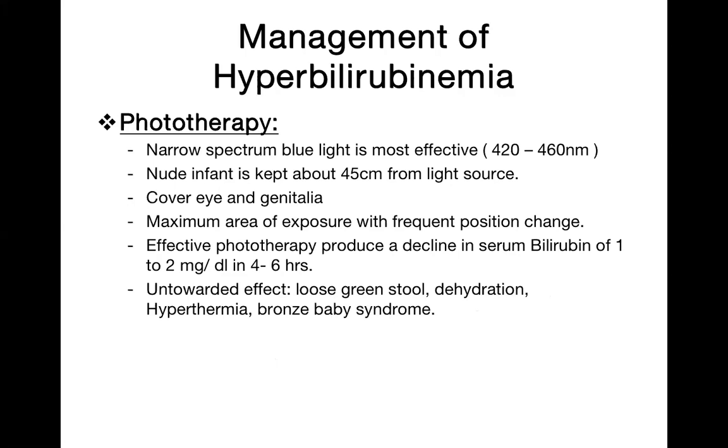Now this bronze baby syndrome means this baby, especially if they have more of conjugated type of bilirubin, then that conjugated bilirubin may turn into bronze color, which is called bronze baby syndrome. And that's why only unconjugated bilirubin or hyperbilirubinemia is treated by phototherapy.